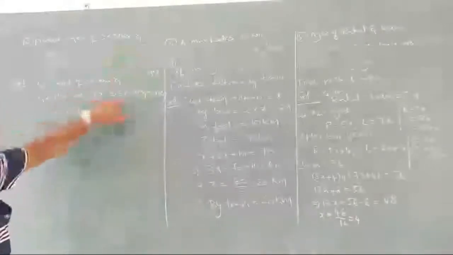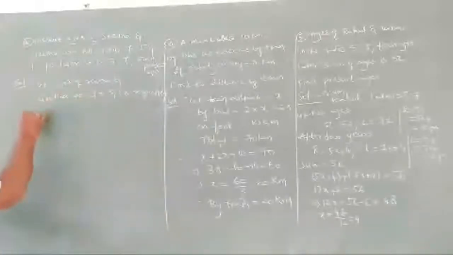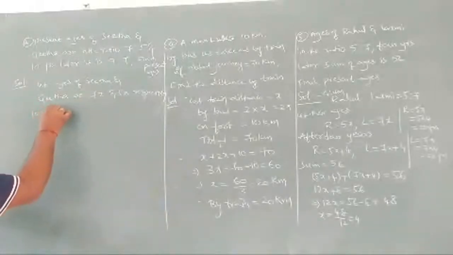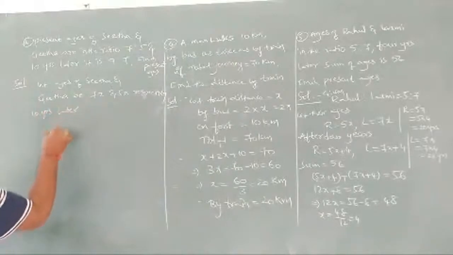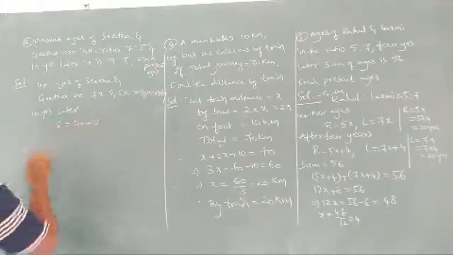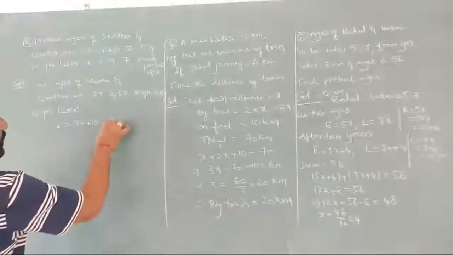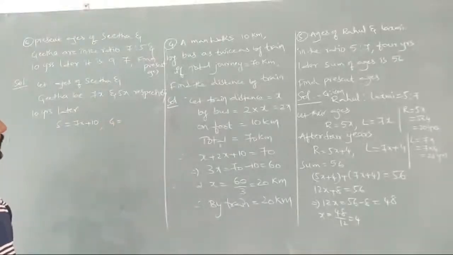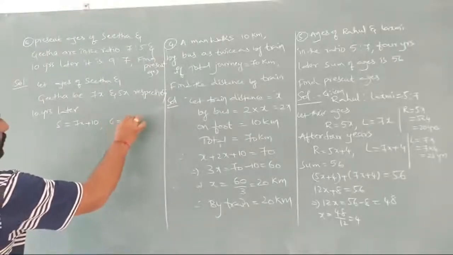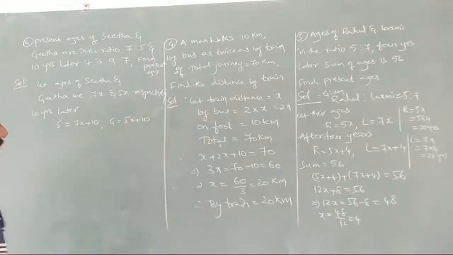What happens 10 years later? Sita is going to be 7x plus 10 and Geeta is going to be 5x plus 10.